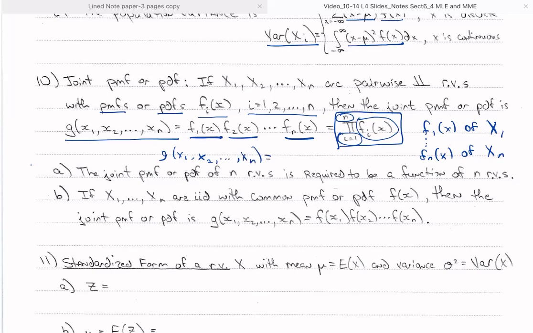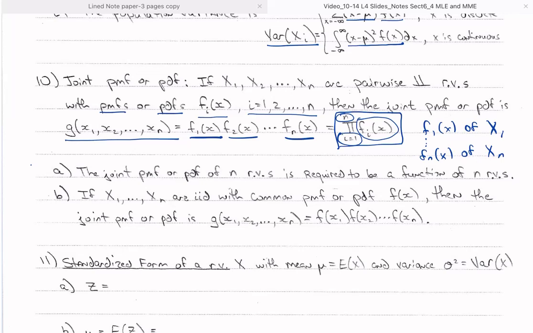It could simply be x sub 2, and all the other functions could just be the identity times 1. So that could be the case. So don't let this mess you up with the saying that it's a function of all n random variables. Remember that a function of one random variable could be the identity 1. Okay.